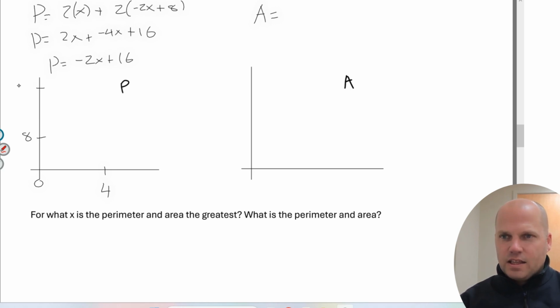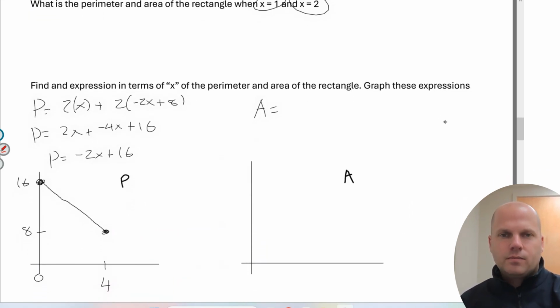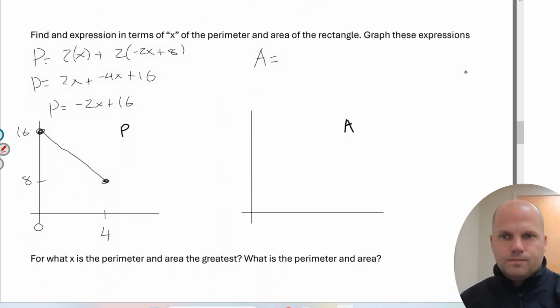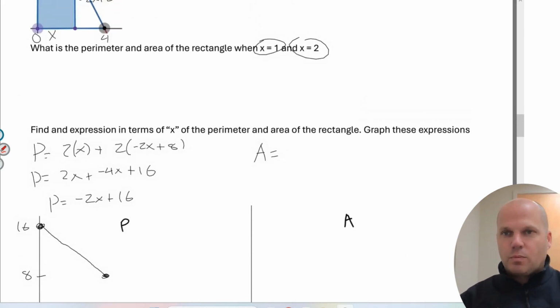And I realized that the perimeter in this situation will decrease consistently. It's a linear situation with this rectangle. Cool. Which means I could use this equation for the perimeter at x equals 1. Plug in 1, I see that we got 14.